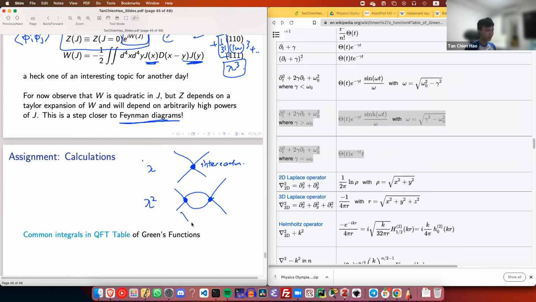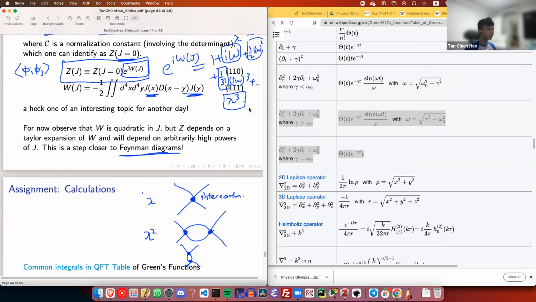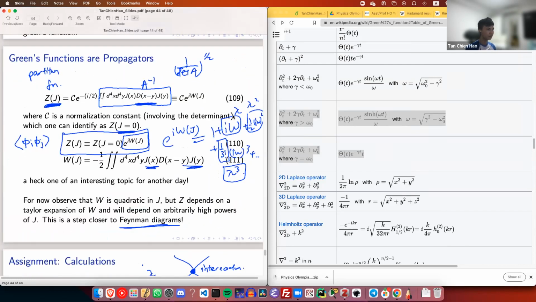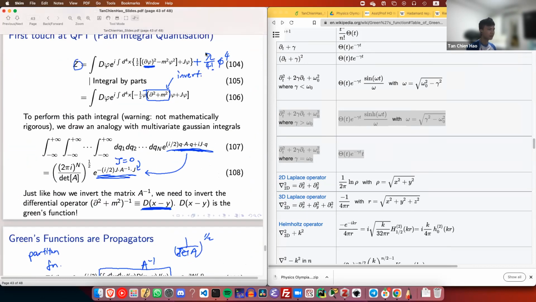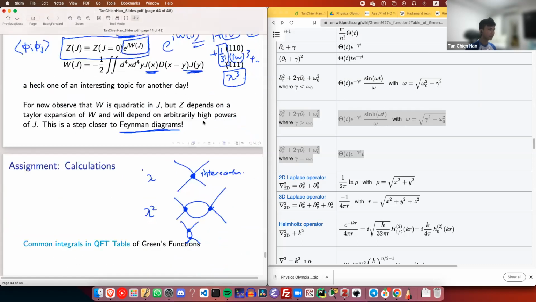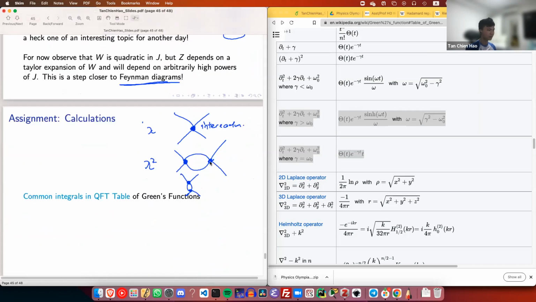And so we are asking how many ways there are to arrange two vertices, and each vertex, in the phi^4 theory, you see that each lambda will come with phi to the 4, which means that each vertex must have four legs attached to it.